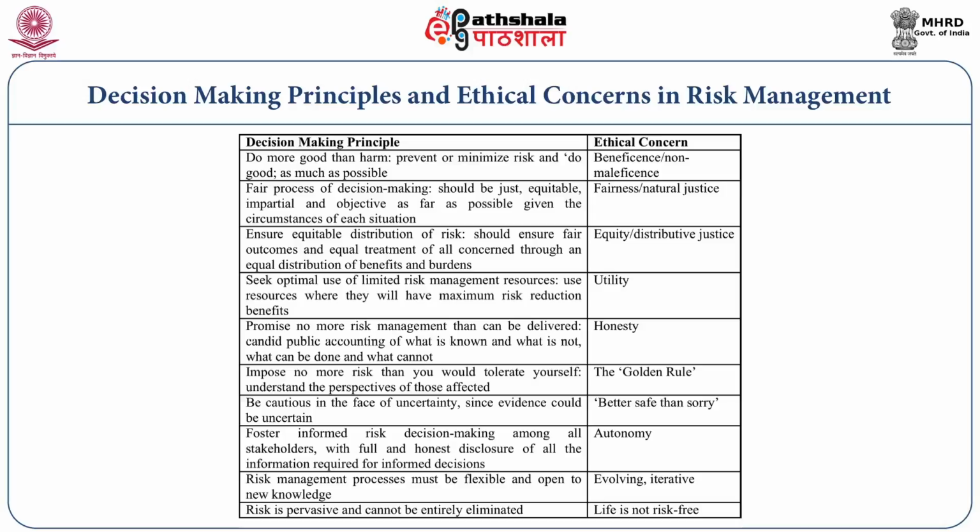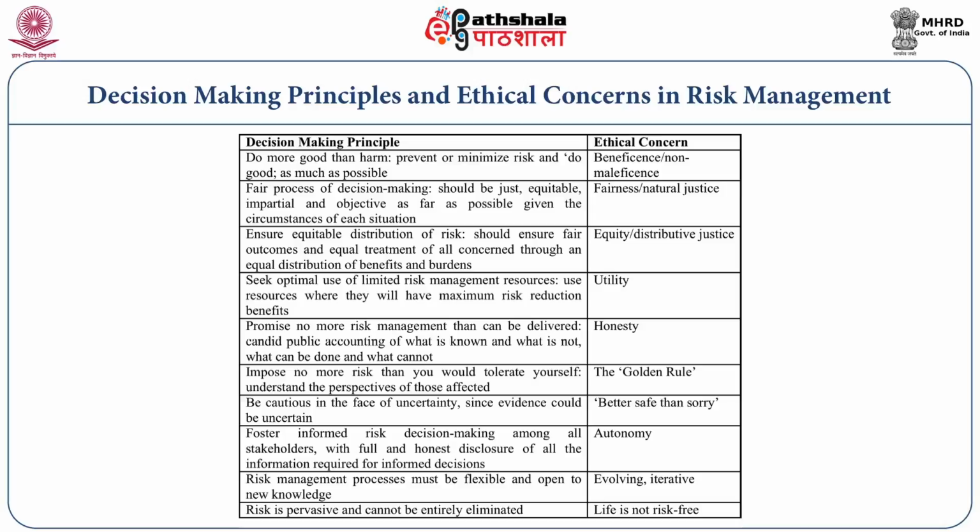The ethical concern here is fairness and natural justice should ensure fair outcomes and equal treatment of all concerned through an equal distribution of benefits and burdens. This is the principle of equity or distributive justice.